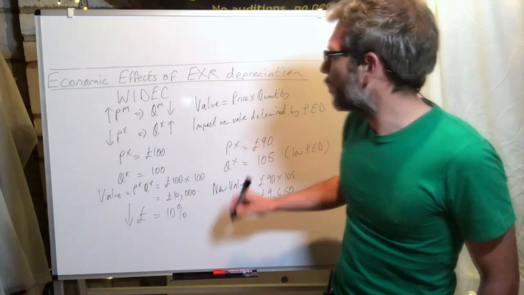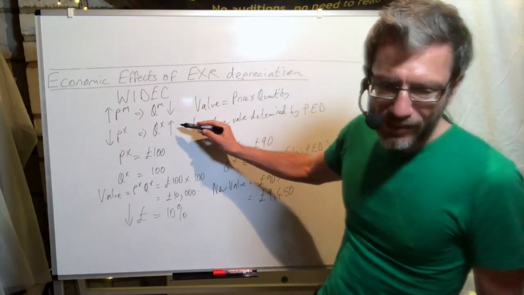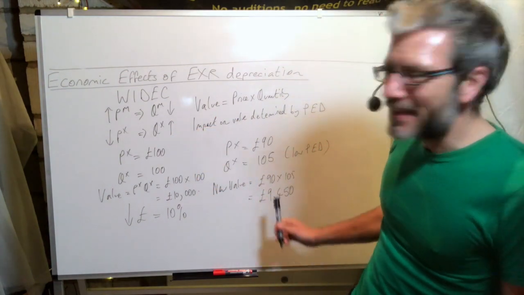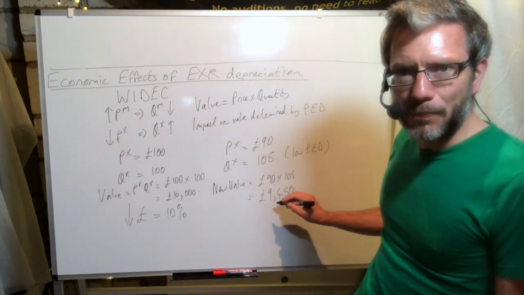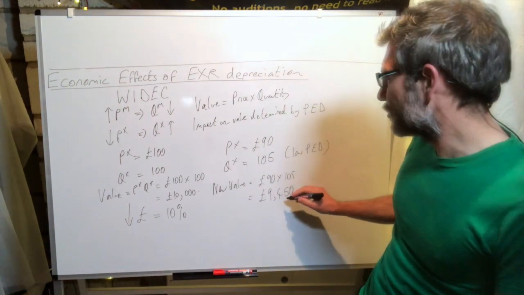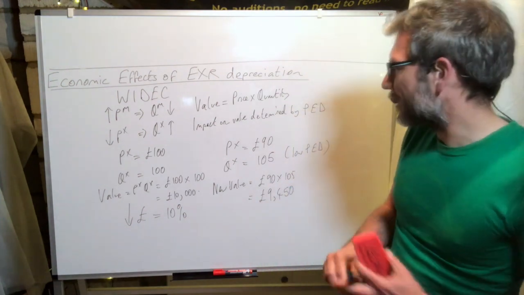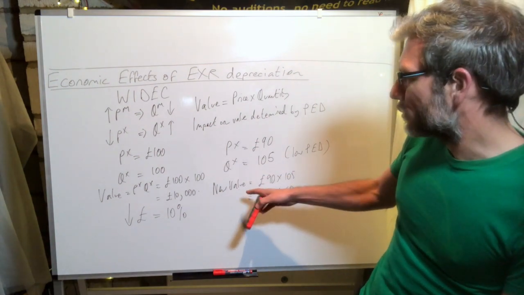So notice that although the price of exports has gone down and the quantity of exports bought has gone up, because the quantity has risen by less than the price has gone down, overall the value of exports has actually gone down. It's gone down in this case by £550. So it's the impact on the value that you want to talk about.